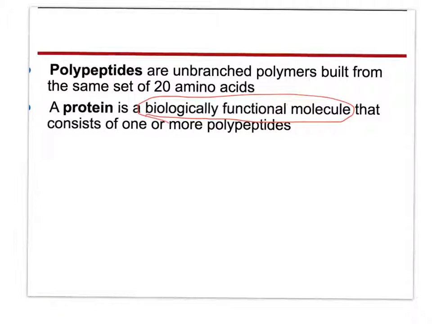So proinsulin is a polypeptide. Insulin is a protein. Do you understand the difference? The main difference is the functionality. If it's not functional, it is not considered a protein. A lot of times you will use them interchangeably. When I say protein, assume a biologically functional molecule.